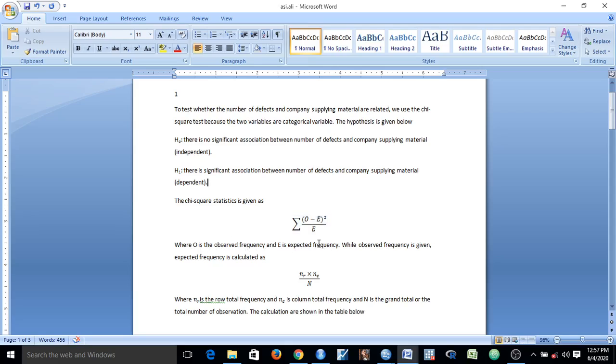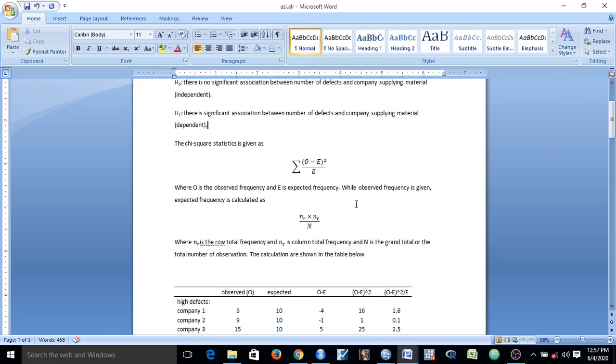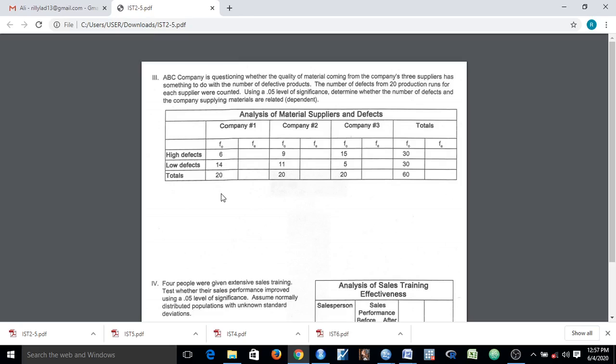The expected frequency is calculated as NR times NC over capital N. That is, we sum the rows, then we sum the columns, then the grand total.